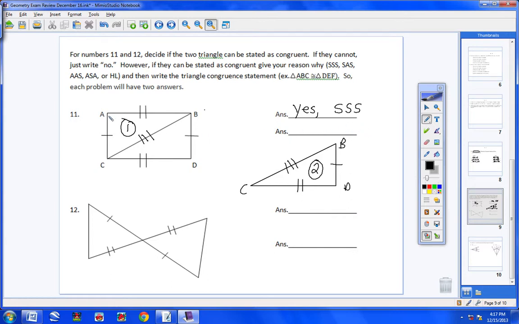Let me show you what I mean. See angle A right here? Angle A is formed by a 1 slash side and a 2 slash side. Do you see that? Here's angle A, and it's formed by a side with 1 slash and a side with 2 slashes. So I'm going to go to the other triangle and I'm going to find an angle that is formed by 1 slash.